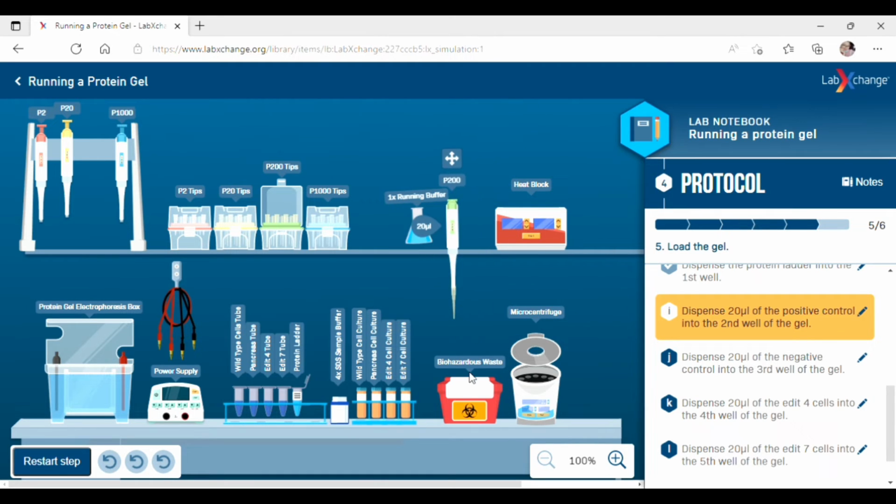After that, we're going to repeat the same procedure to fill the other lanes using the samples.